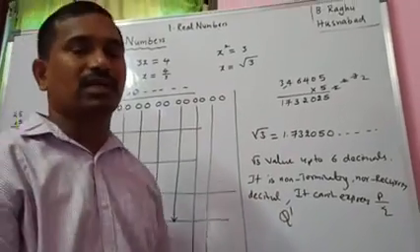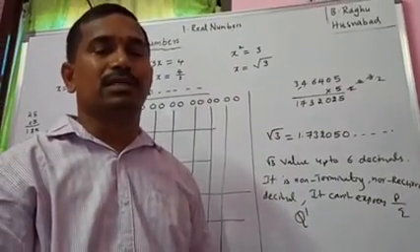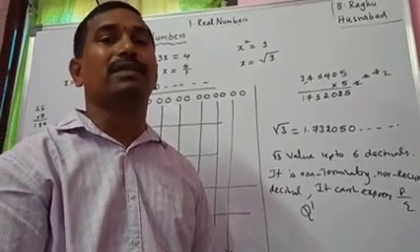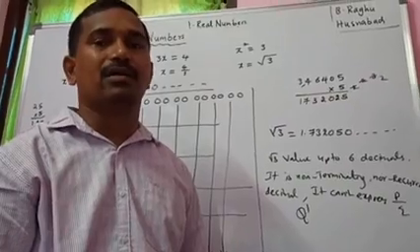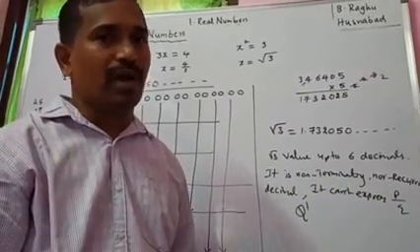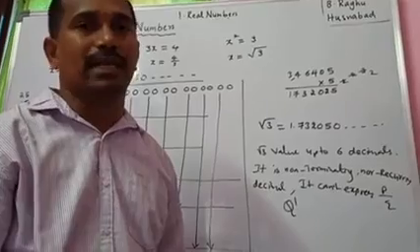The irrational numbers concept was first discovered by Pythagoras. The scientist Pythagoras discovered the concept of root 2, where root 2, root 3 are irrational numbers.